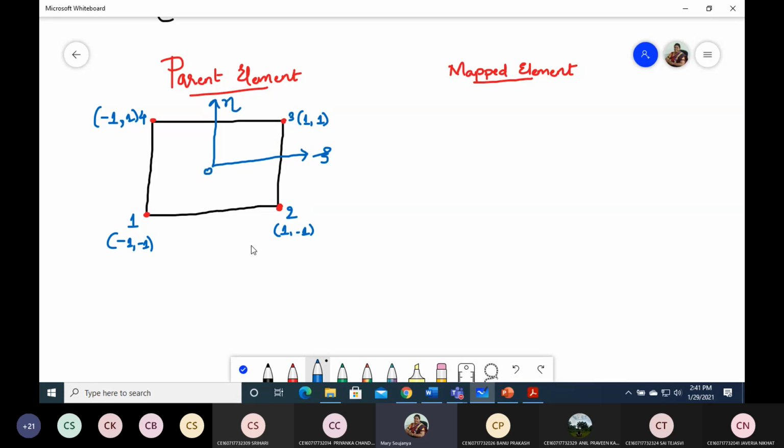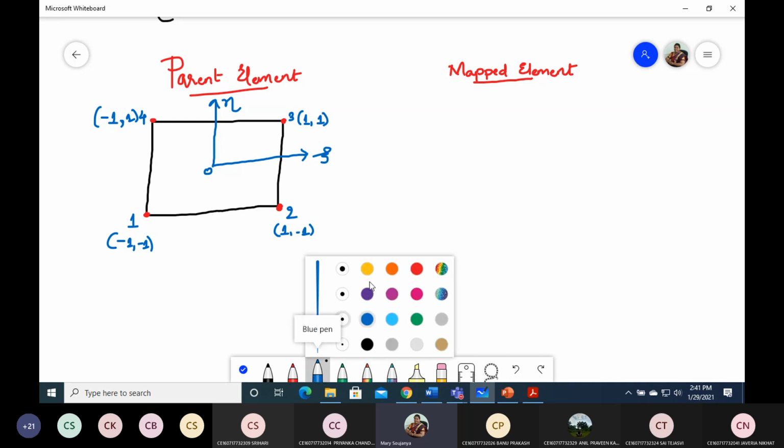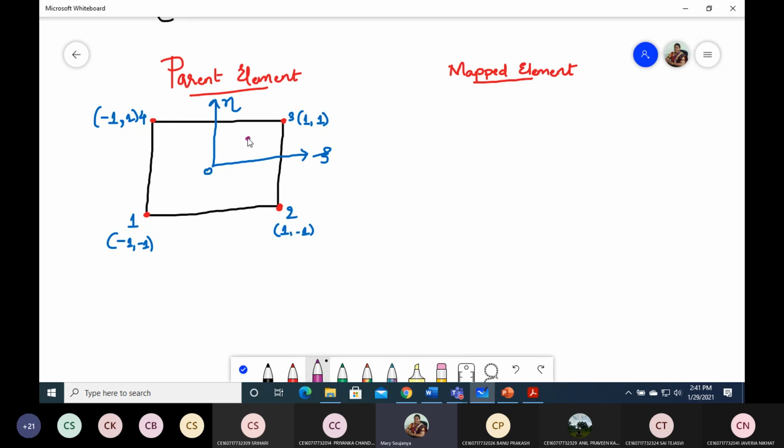Suppose for this parent element there is a point P with some values of xi and eta. Now we are trying to find this point.